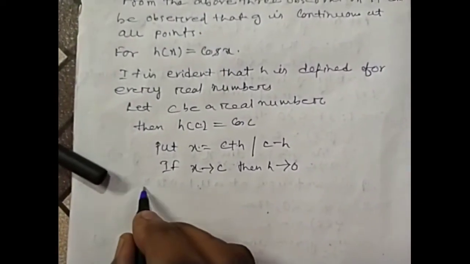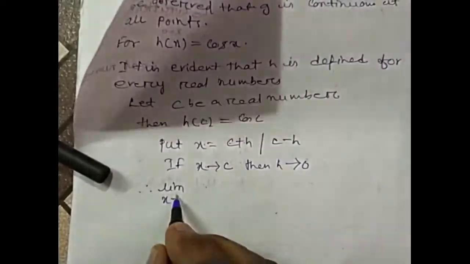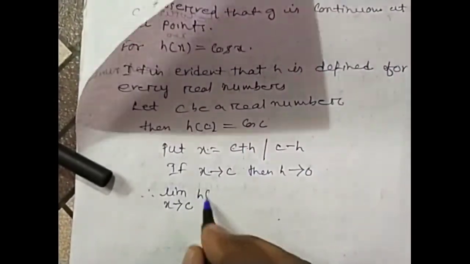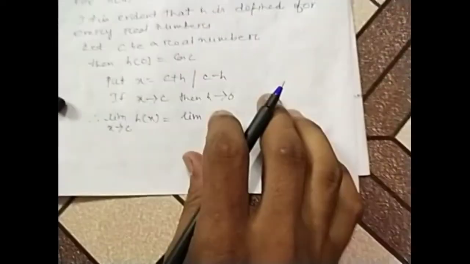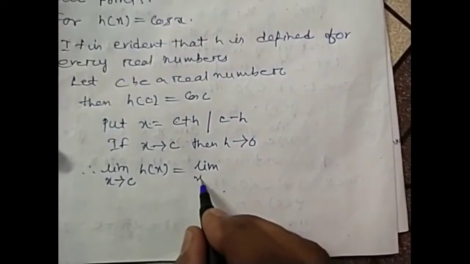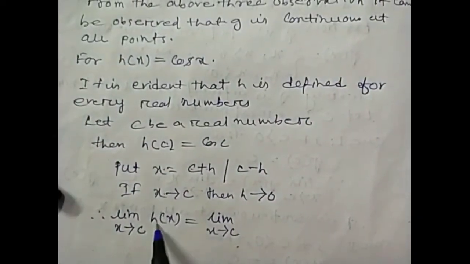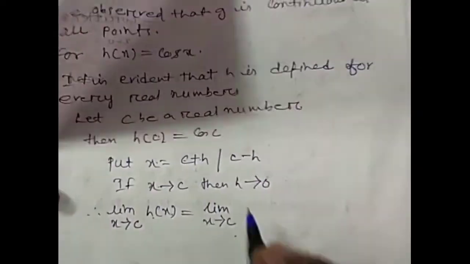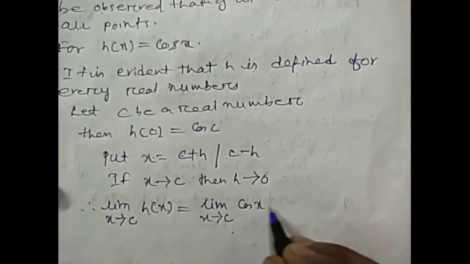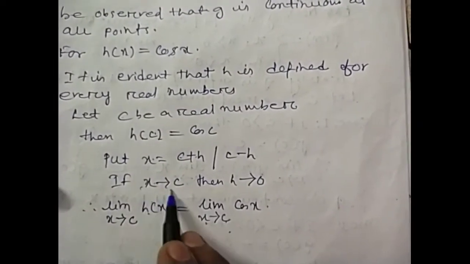Now, therefore, limit x tends to c, h(x) is equal to limit x tends to c, cos of x. When x tends to c, h tends to 0.